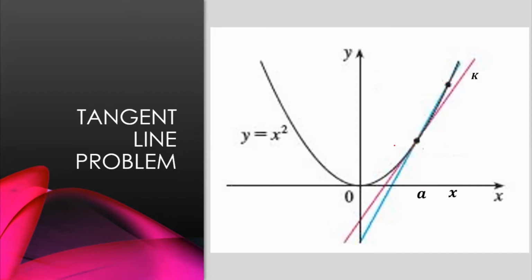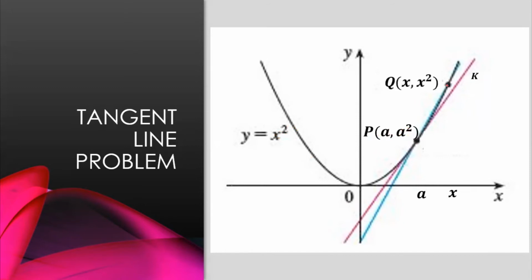Then we can form an ordered pair, (a, a squared). Why does it become a squared? Because the given function is equal to x squared. So if we substitute a into this given function, then this becomes a squared.